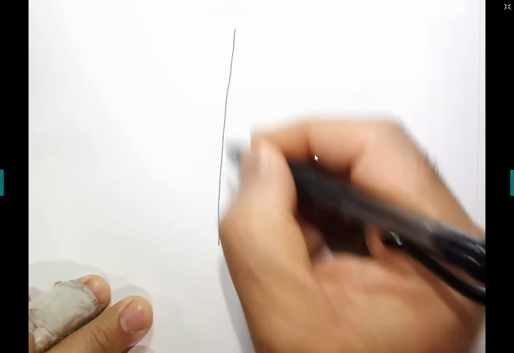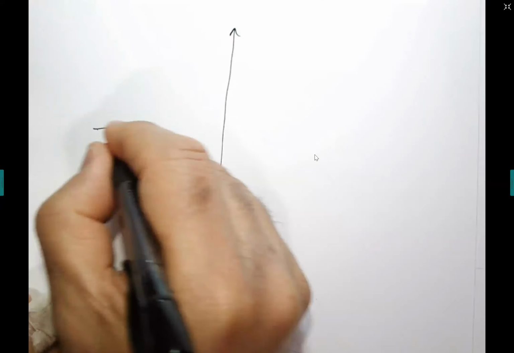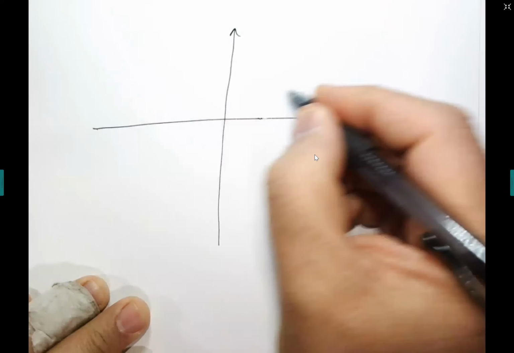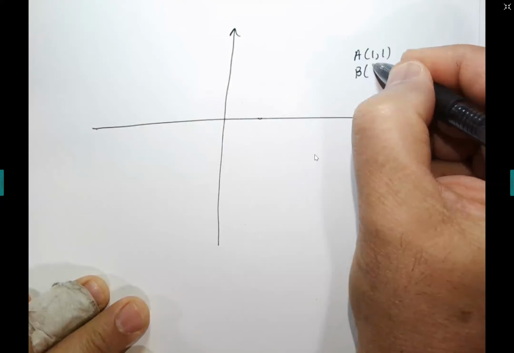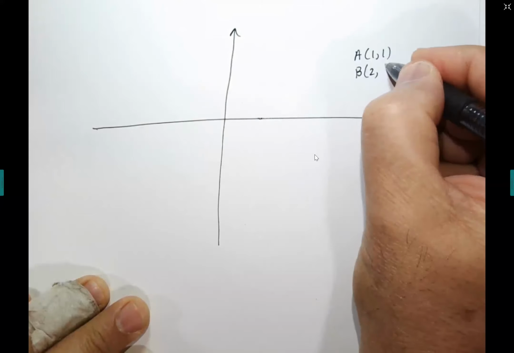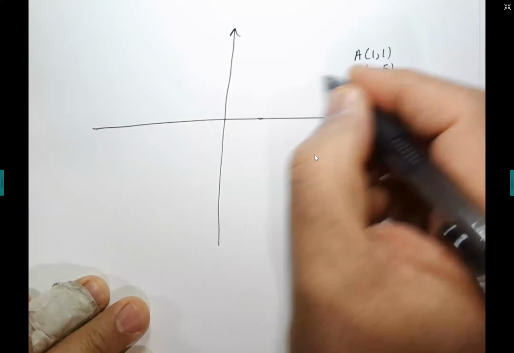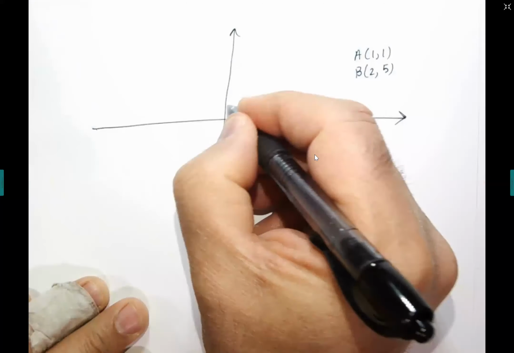I'm gonna draw the rectangular system. And I'm gonna draw those 2 points, A (1, 1) and B (2, 5). Let's do that, (1, 1), guys. So 1 unit to the right, 1 unit up.